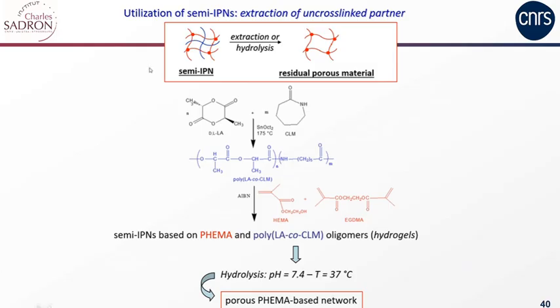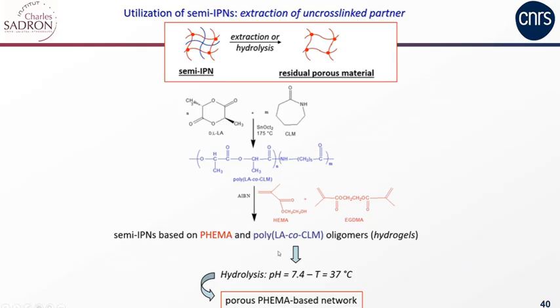So first, let's see an example by using semi-IPN. So here we have this semi-IPN generated by the copolymerization of lactide and caprolactam. So in the presence of hydroxyethyl methacrylate, ethylene glycol dimethacrylate, we will generate a polyhydroxyethyl methacrylate network with the polylactate caprolactam entangled in the network.